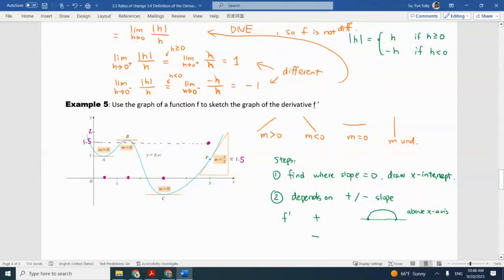And then if your slope is negative, what do you say? Below the x-axis. Okay, let's see. On the left, what do you say? The slope is positive or negative? Negative, right? Everybody? If it's negative, then it's above or below the x-axis? Below, right? Yes.